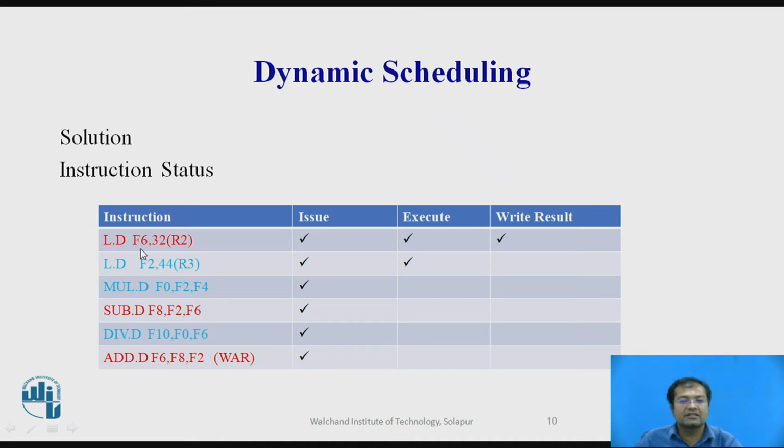Why? Because the result is available. So out-of-order execution is taking place. The objective is that as soon as the operand is available, it should get executed. It is not in order, but it is allowed to execute immediately after the load because this result is available. If so, why should it wait? So go ahead for execution.